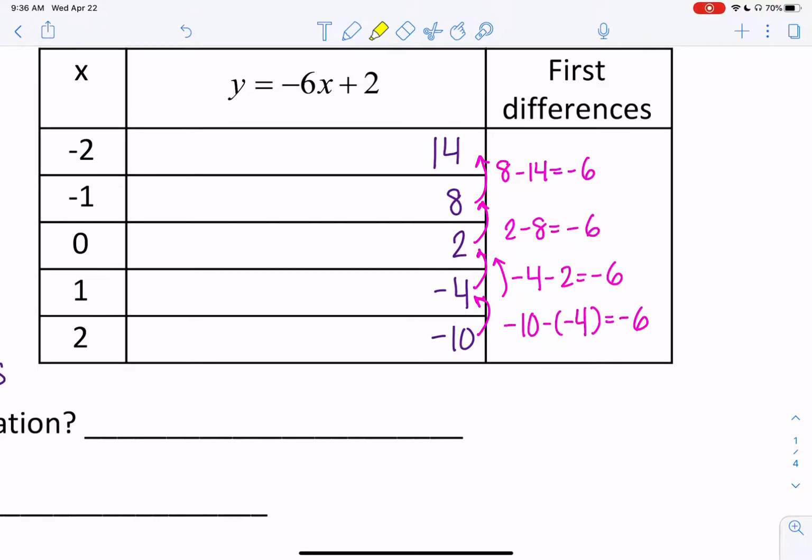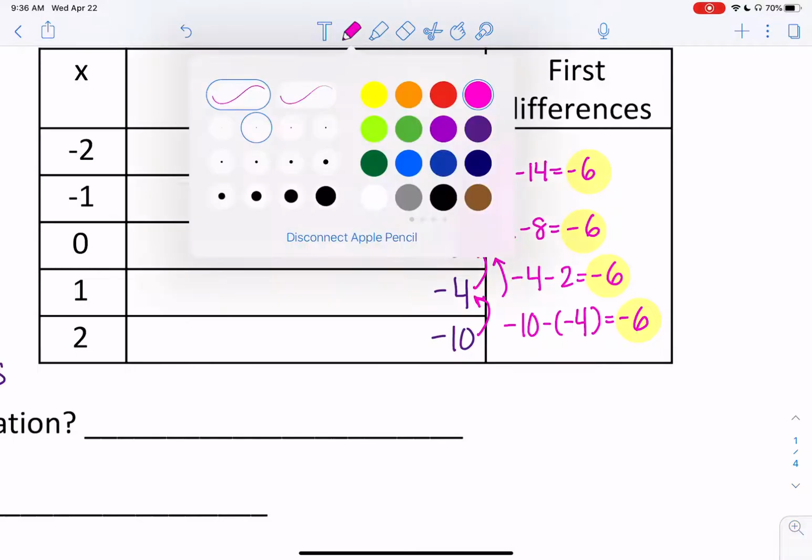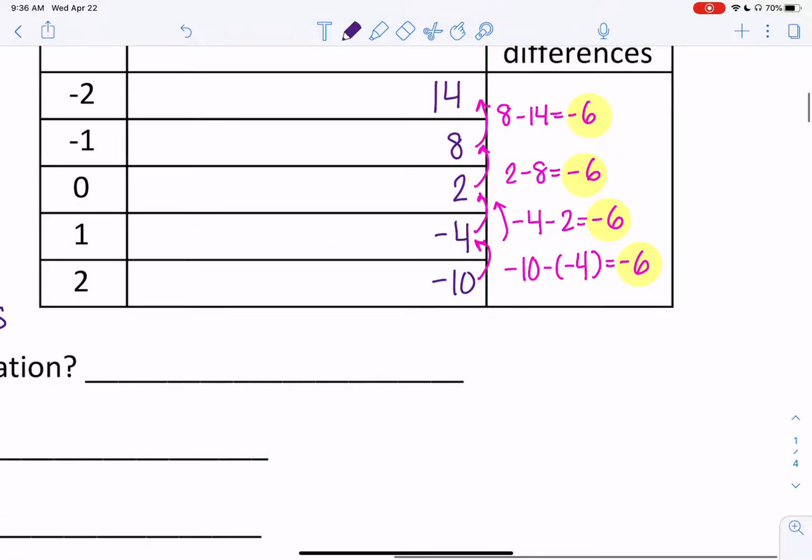So again, for this example, we have the same first differences. So we can make our conclusion that this is a linear relation because our first differences are the same.